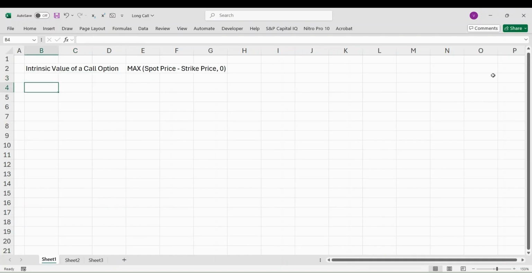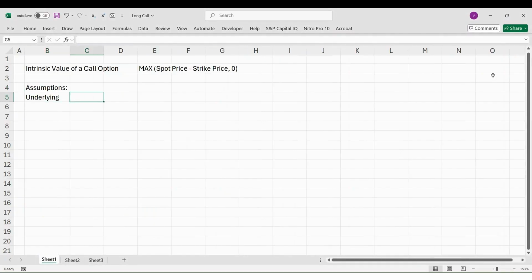Now, in order to model a long call, we first need certain basic assumptions. Assumption number one would be the underlying. What is your call option based on? Let's assume this is based on the index Nifty 50. Second assumption, what is the strike price? I'm taking a strike price of 25,500.